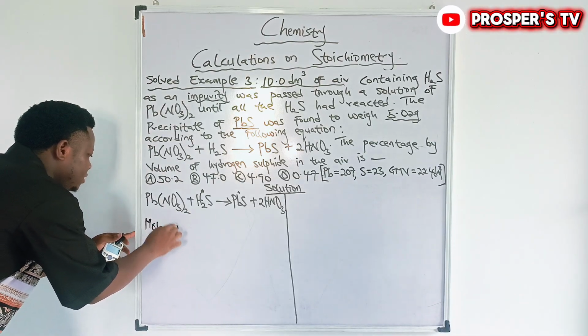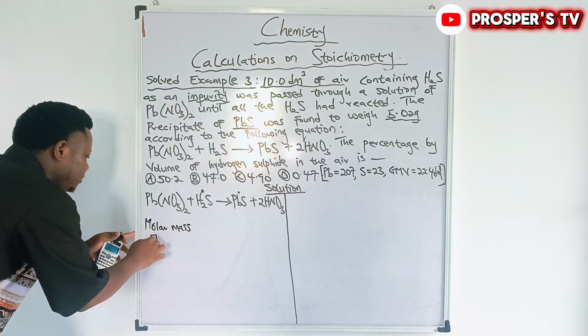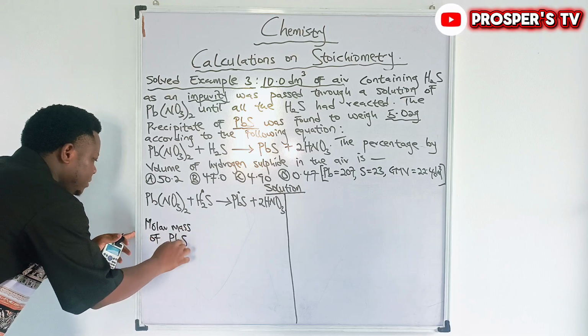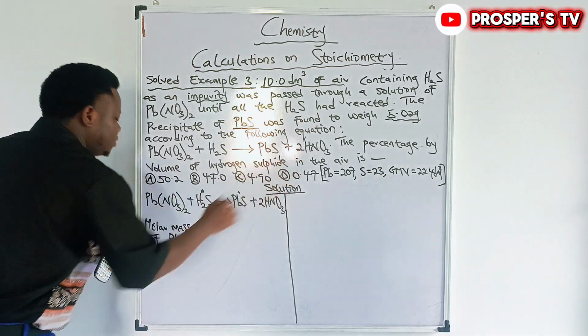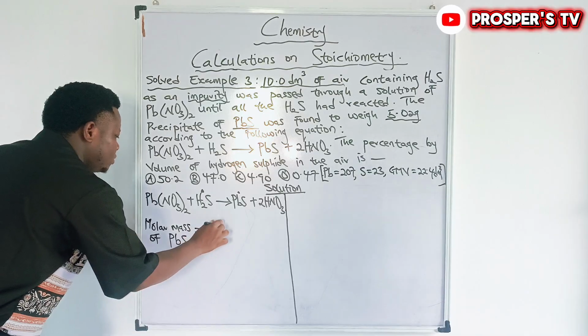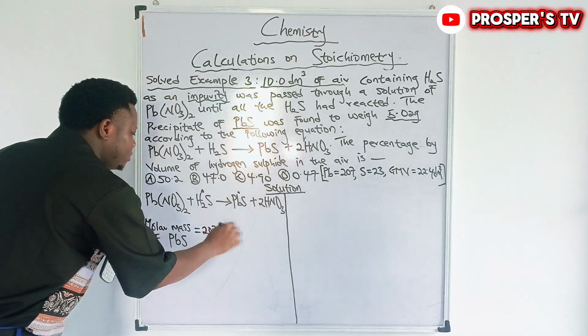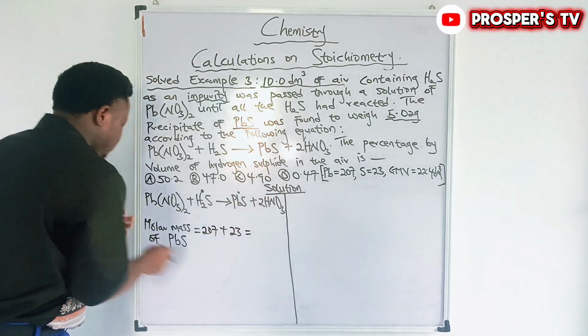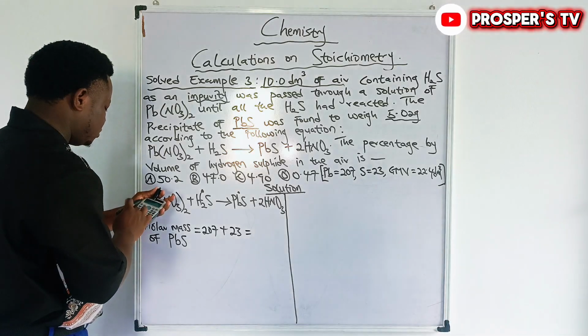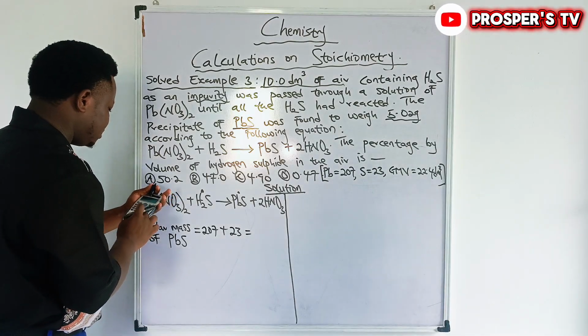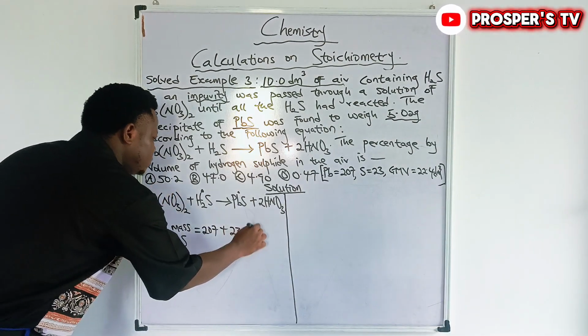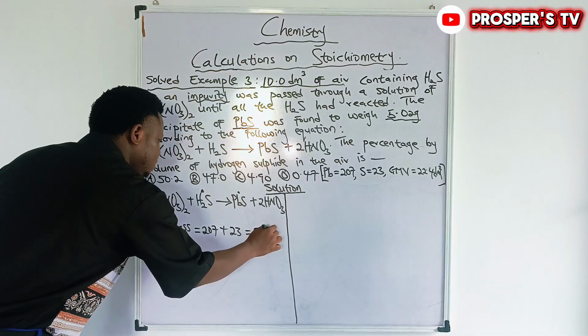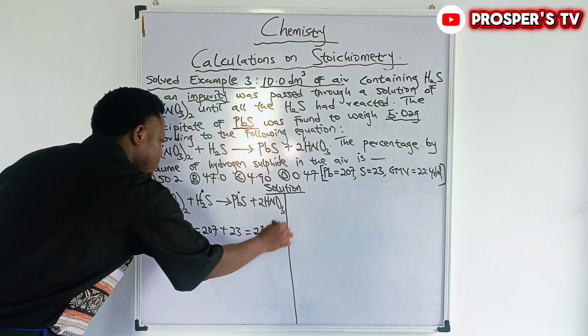So molar mass of lead sulfide would be equal to, the atomic mass of lead was given to be 207 plus the atomic mass of sulfur was given to be 23. So we'll punch that in our calculator, 207 plus 23, that gives us 230 grams per mole.